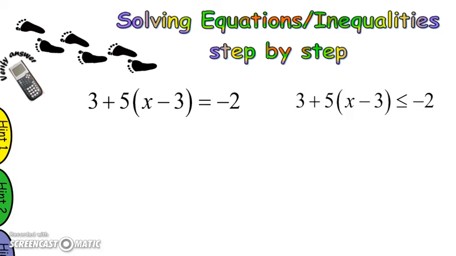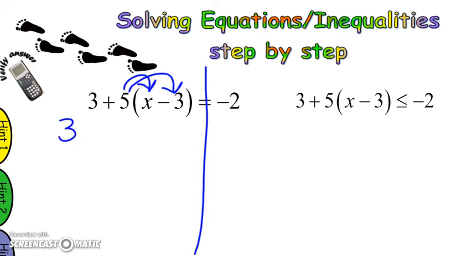All right. So I'm going to skip this example. No, I'm not. Okay. Distribute, because you have parentheses, so 3 plus 5x minus 15 equals negative 2.